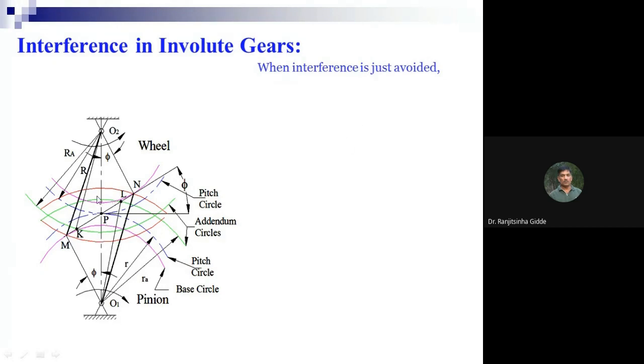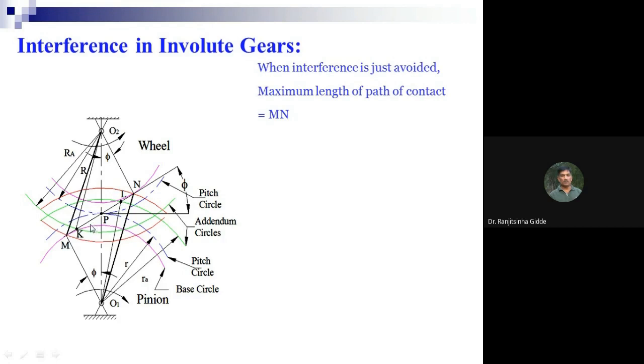initially we have seen this KL, that is the length of path of contact. Now when interference is just avoided, this MN is nothing but the maximum length of path of contact. So in the previous diagrams we have seen this KL is the length of path of contact.